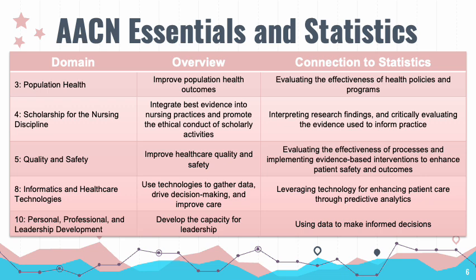The table above provides a consolidated summary of the domains that most heavily integrate statistical concepts for advanced-level nursing practice. While statistics is not explicitly listed as a standalone domain, statistical principles are embedded within the subcompetencies of multiple domains at both the entry and advanced levels.